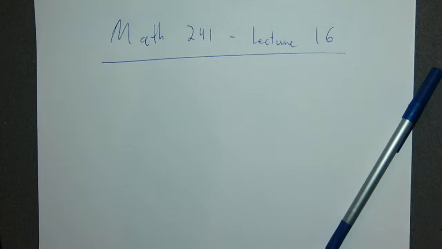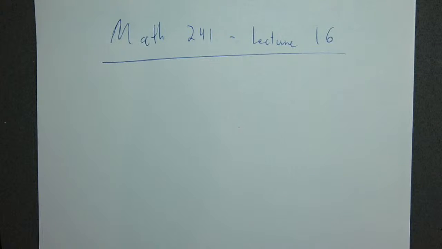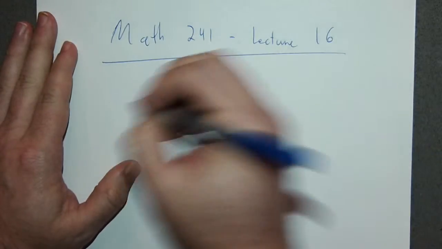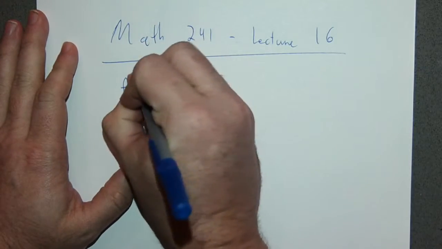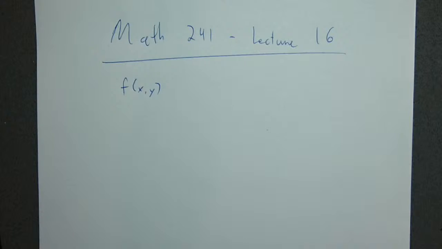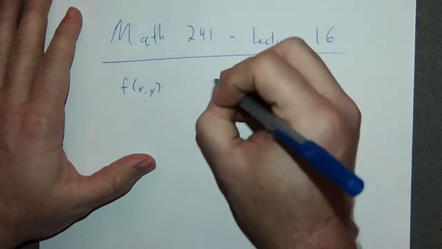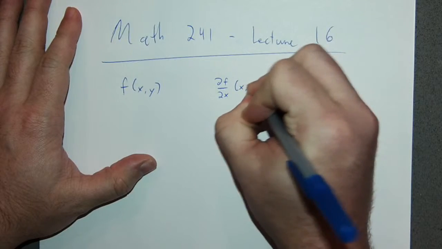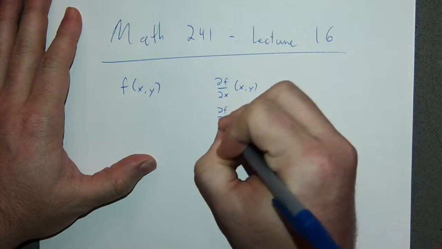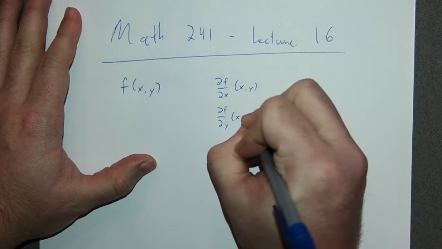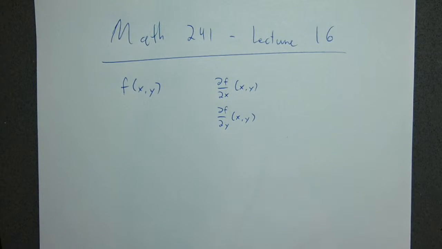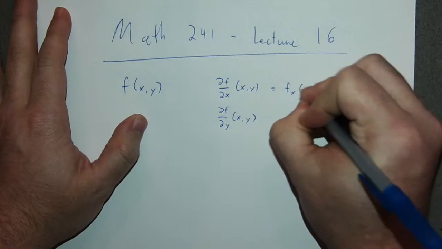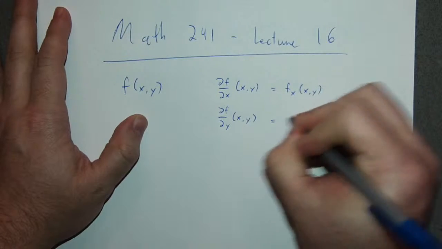All right. So last time we had gone over at least the mechanical aspects of computing partial derivatives. So if I have some function f of x y, the partial derivatives of f with respect to x and y are both functions of x and y in general, in their own right. A way of shorthand writing this was using this notation f sub x and f sub y.